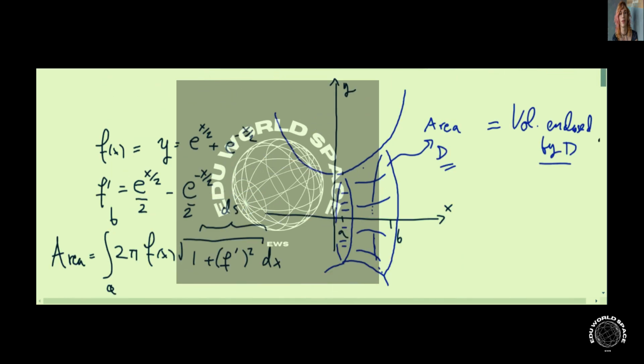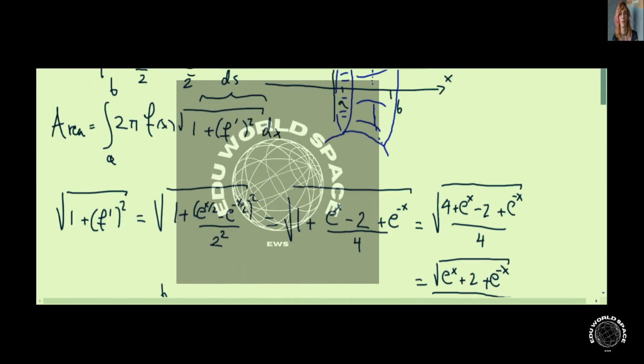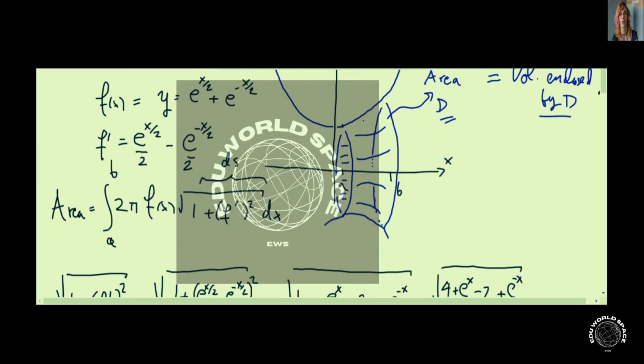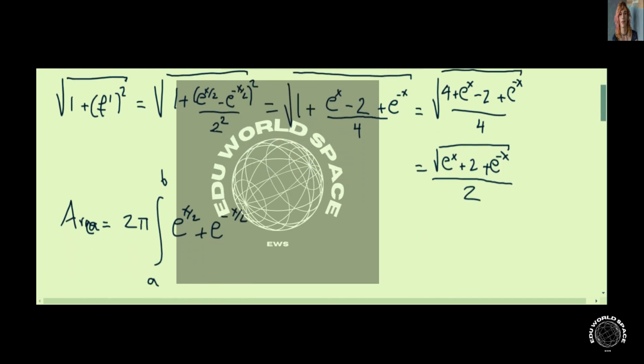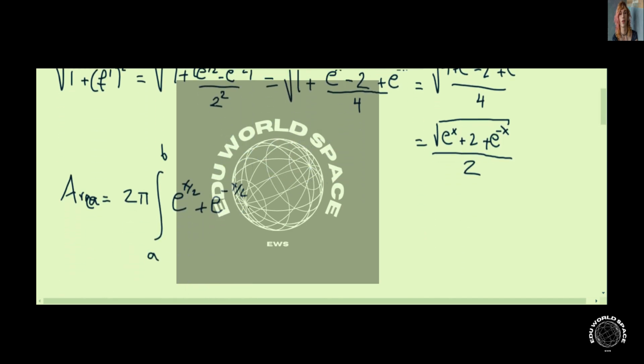And then that times this square root of e to the x plus 2 plus e to the minus x, and then that divided by 2 dx.